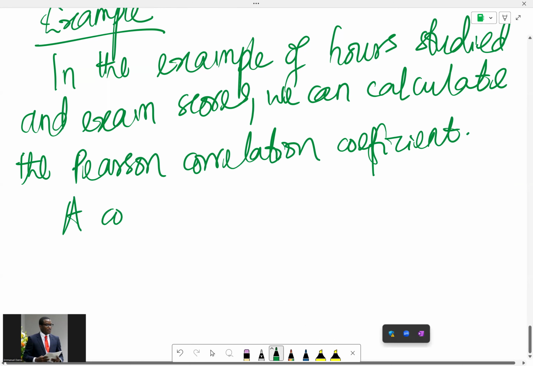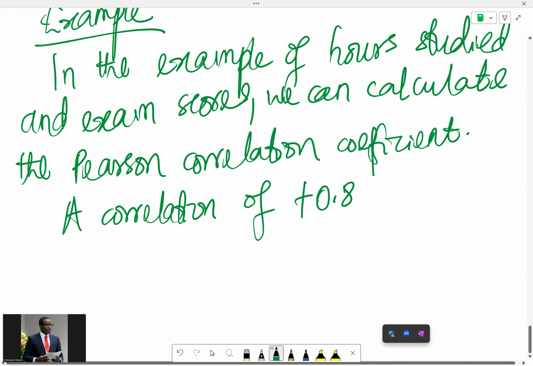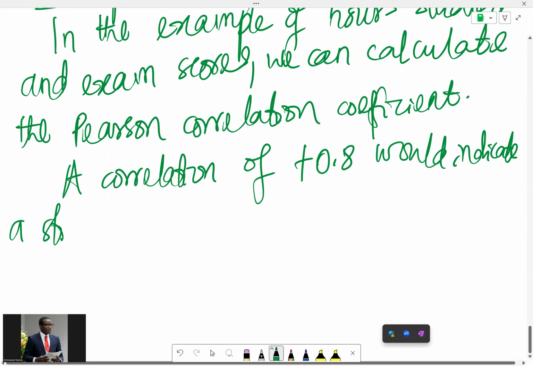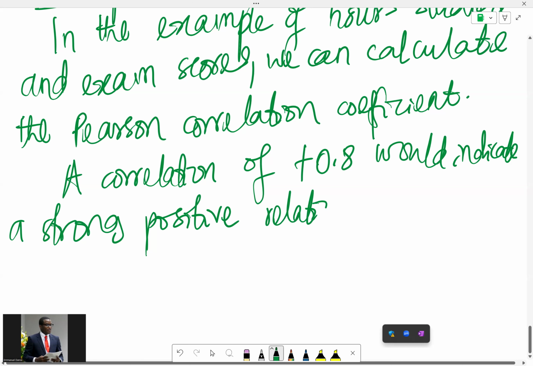A correlation of plus 0.8 would indicate a strong positive relationship. Though not perfect, but it is strong. It's a strong positive relationship.